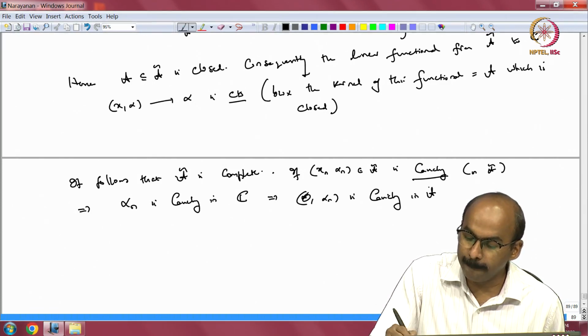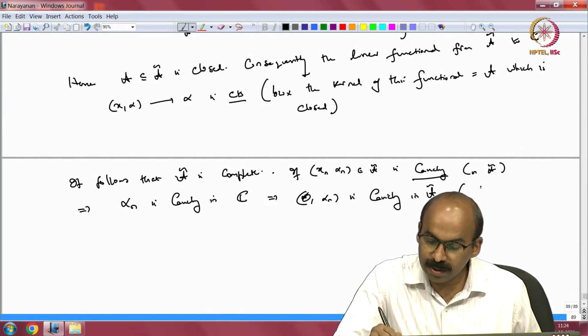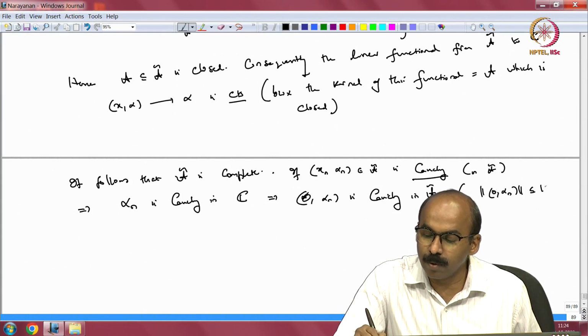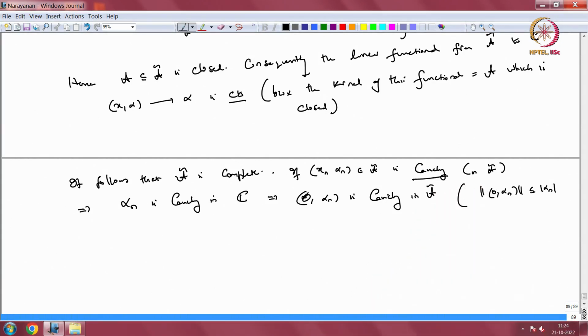in A tilde. Well, this is something you can check, because from the definition we know that this norm is equivalent to the modulus of alpha. If something is Cauchy with respect to the modulus, then of course it is going to be Cauchy with respect to that norm.